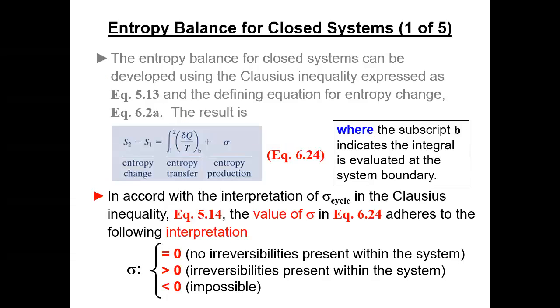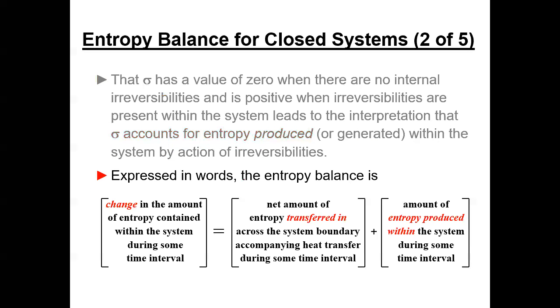And so here's the entropy balance in words. And see, this is just putting into words this equation. The change in the amount of entropy contained within the system, and right now we're talking about a closed system, during some time interval is the net amount of entropy transferred into the system across the system boundary, accompanying heat transfer during that same time interval, plus any entropy that's produced within the system during that same time interval by friction.